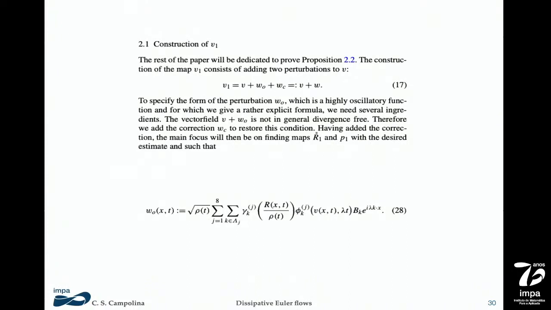But we can give explicitly our oscillatory part, and the terms appearing here come from Beltrami flows. So we know what Beltrami flows are, and we construct them in specific oscillations, and then we give the perturbation we have. The terms that come from these Beltrami flows are phi, r.